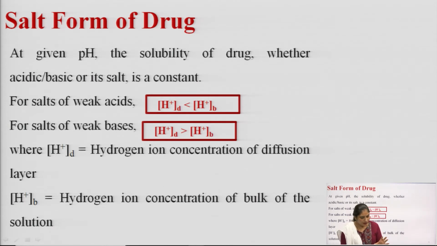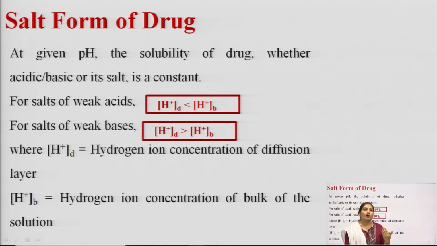Okay. So, one of the easiest approaches to increase the solubility or dissolution rate for such drugs, what type of drugs? Weak acidic and weak basic drugs. Okay. If we want to increase the solubility and the dissolution rate of these types of drugs, then the easiest approach will be to convert them into their salt form.